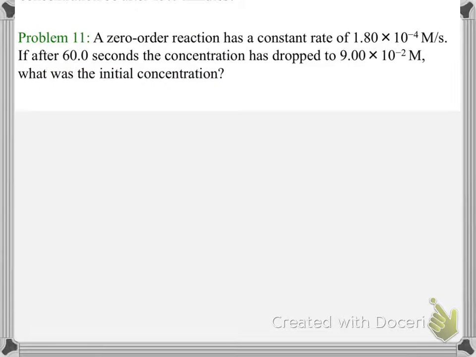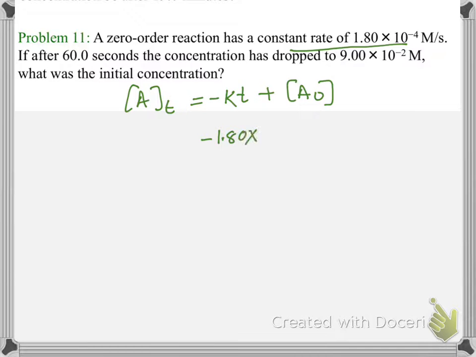So I'm going to write down this equation here. Concentration of A, which is my reactant, at any time t equals negative Kt plus initial concentration. So now the rate constant, this is the K value, 1.80 times 10 to the negative fourth, and it says after 60 seconds, means t is 60, and after 60 seconds the concentration has dropped to this.